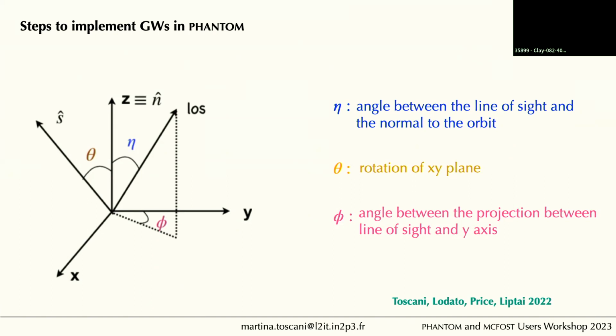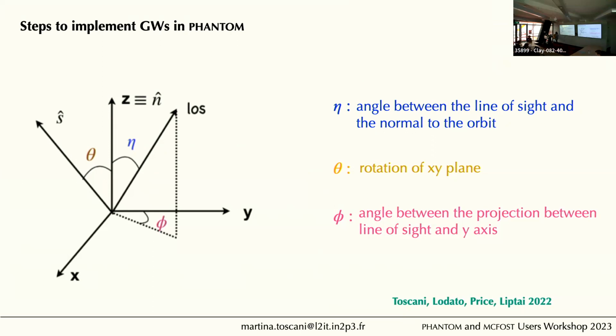I understand that right now these angles can sound a bit abstract, but when we talk about a particular physical system, they become clearer. So we implemented this model in Phantom, and we also did some tests to verify that everything was working great. And actually, yeah, we were very happy because everything was working great.